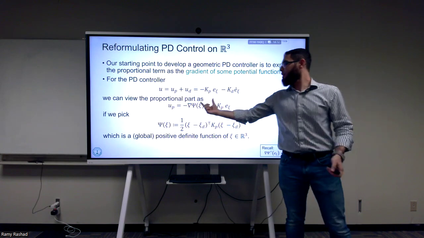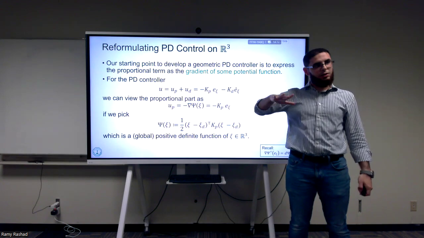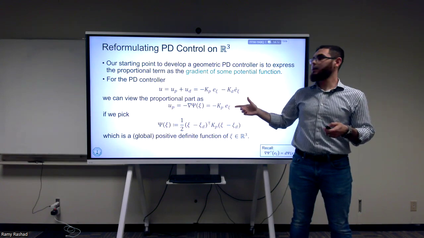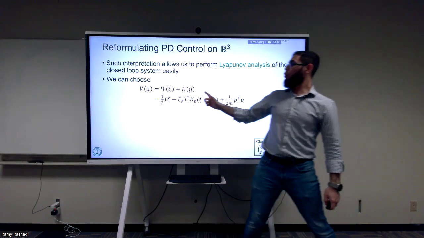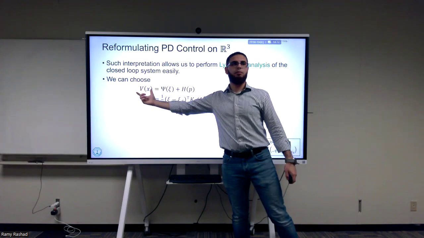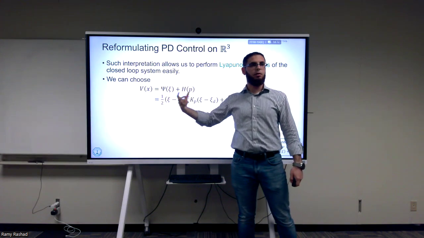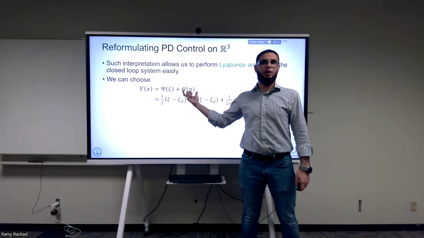This is just an extra addition, right? Looking at the proportional term as the derivative of some psi will not only allow us to extend to the manifold case, but will also allow us to do direct Lyapunov stability. We can always choose the Lyapunov function to be the sum of this potential function that the proportional term comes from and the original kinetic energy of the system.